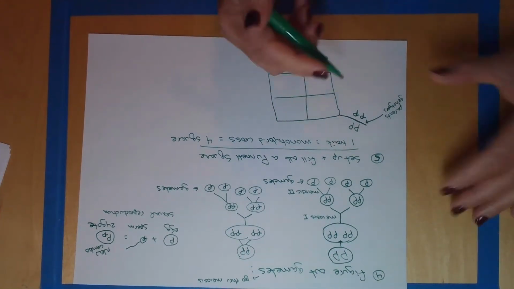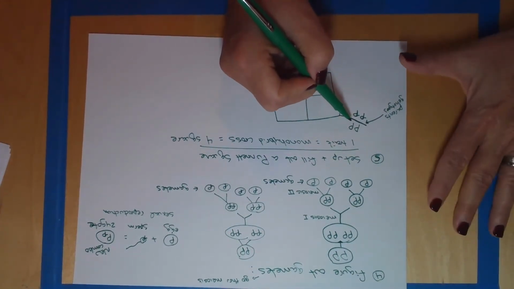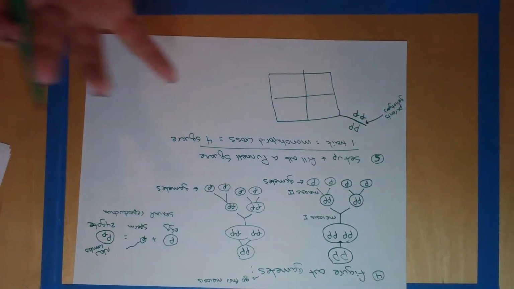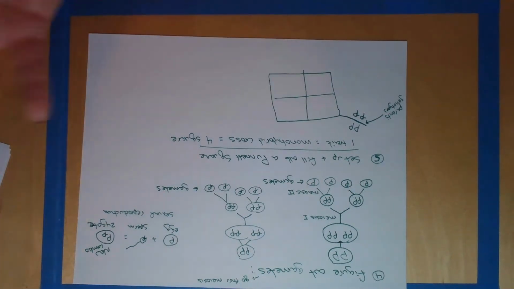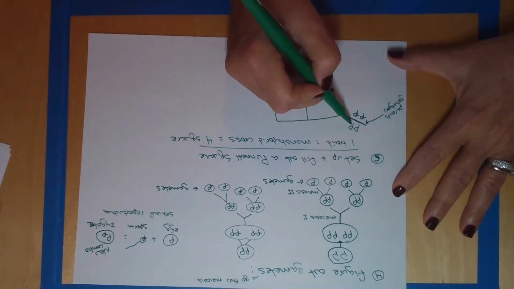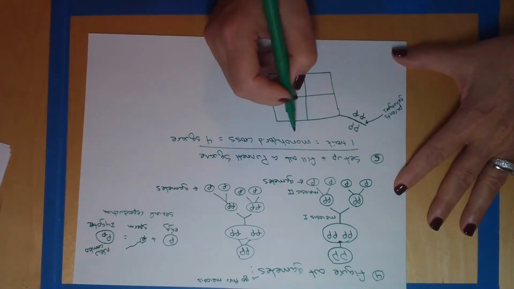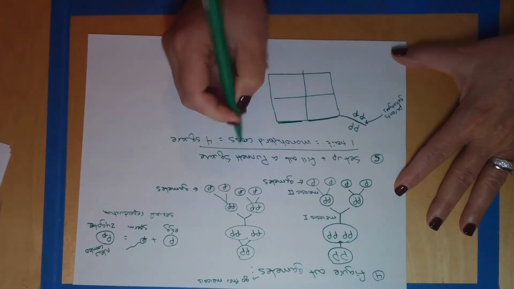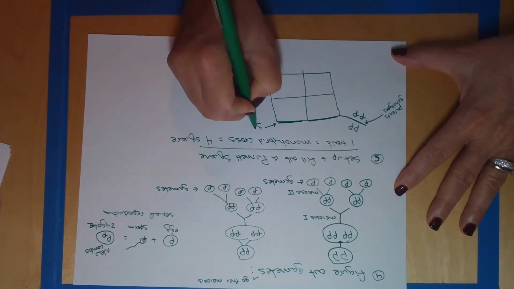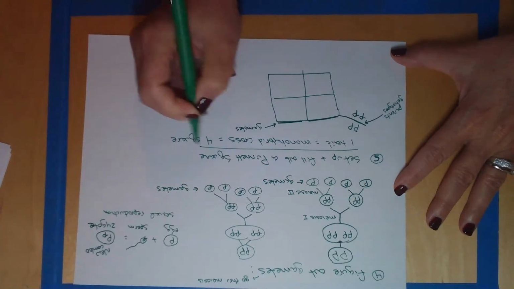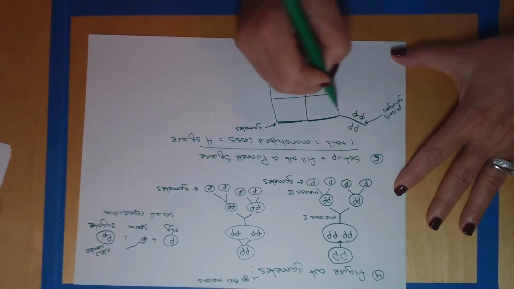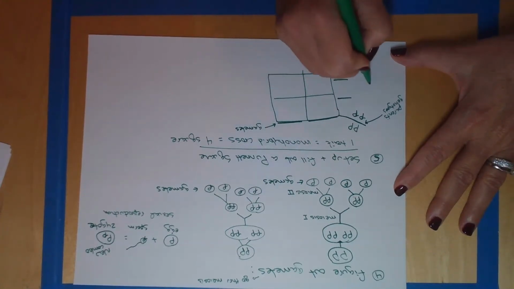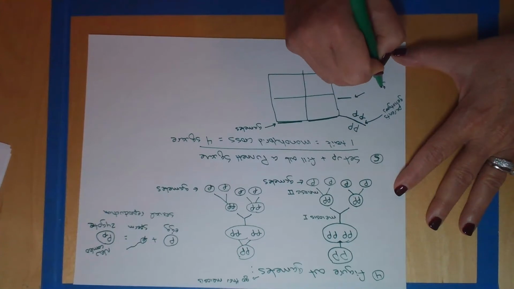I just traditionally put a dominant parent on top and a recessive parent on the bottom. But it might be that I'm crossing 2 dominant parents, so whatever, just put one parent on the top, the other parent on the bottom. What goes right here and right here are the gametes of the parent on the top. And what goes right here and right here, again, are the gametes of this parent on the bottom.